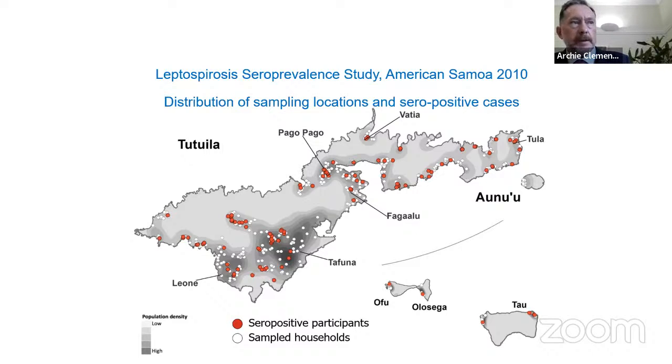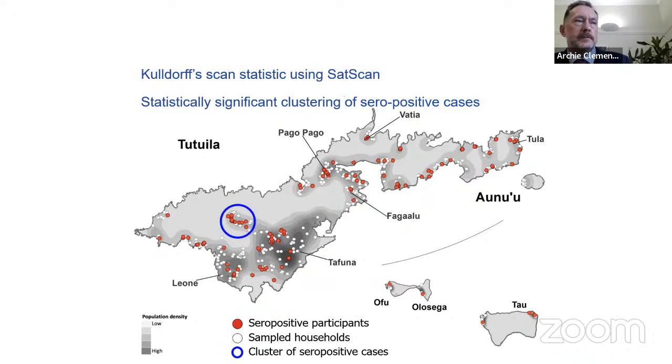Here we have a map showing the distribution of the seropositive cases, which are the red ones, and the seronegative individuals, which are the white ones. We did a spatial cluster detection analysis using Kulldorff's scan statistic, and we found a statistically significant cluster of leptospirosis cases here in the middle of the island.